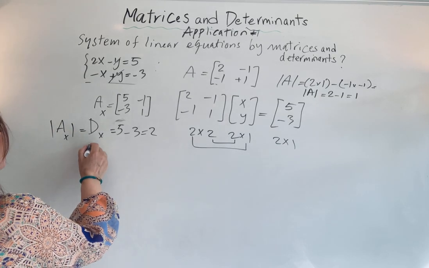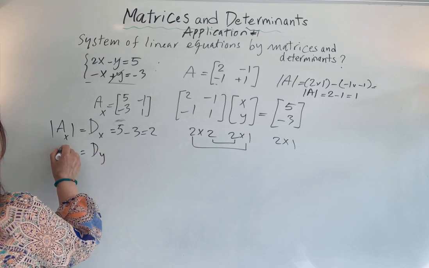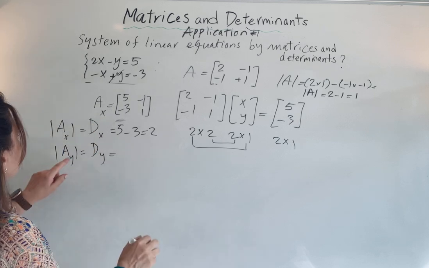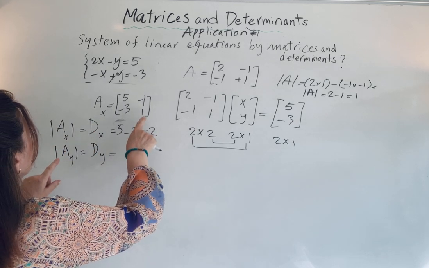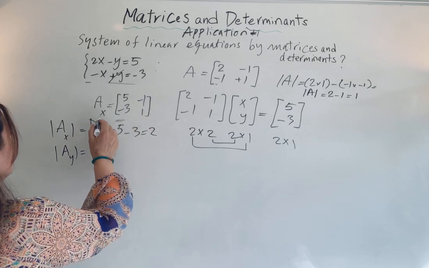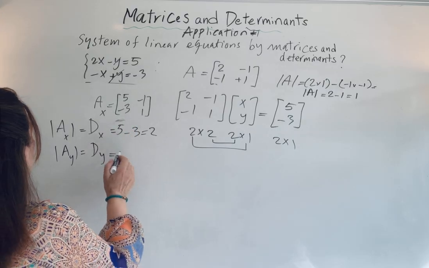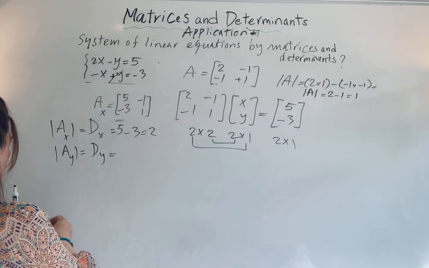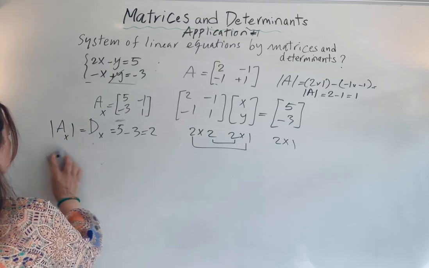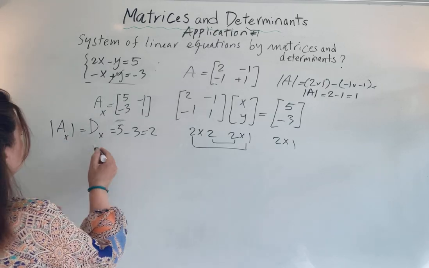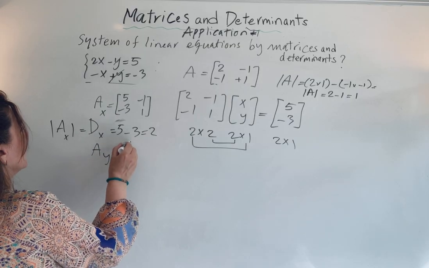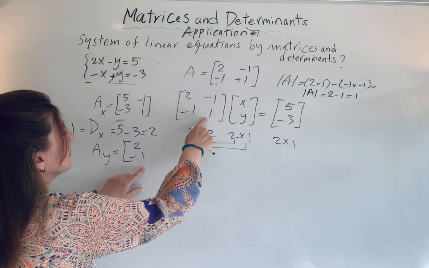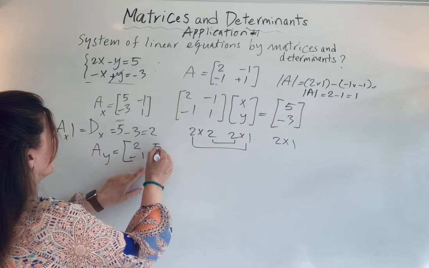How about D of y? We have A of x; now A of y. A of y is a matrix where, with the x's as usual, instead of the y column you use the answer.